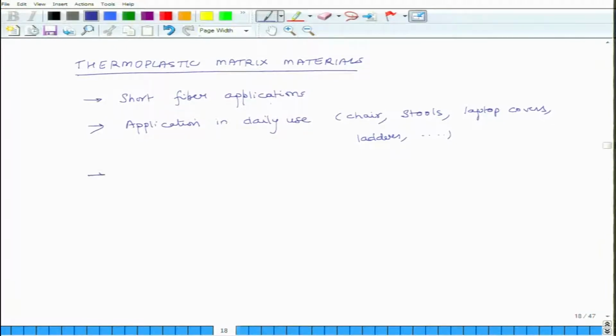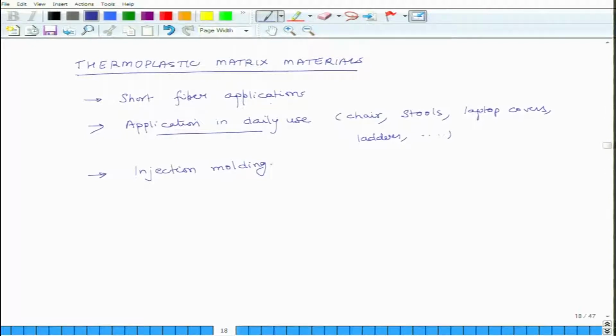These materials, even without fibers, the way you make these types of regular daily use product is in general through a method known as injection molding. You make it through an injection molding process.